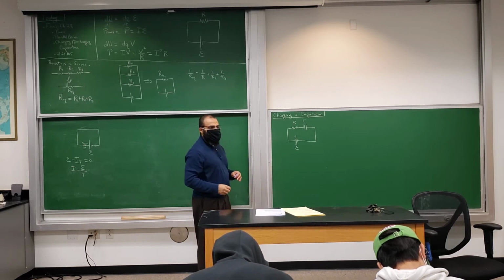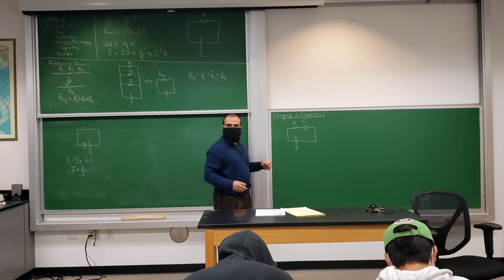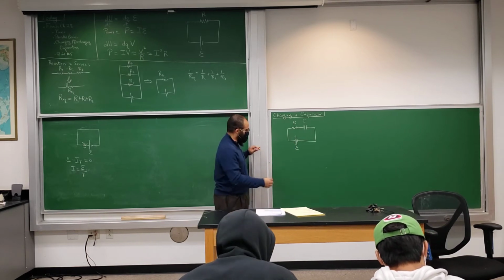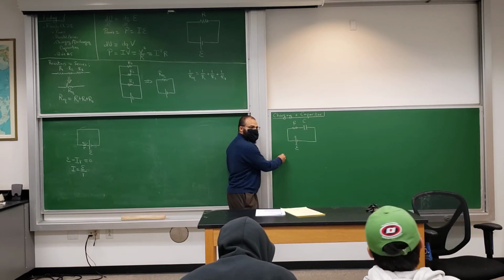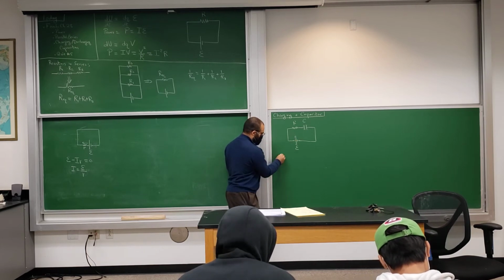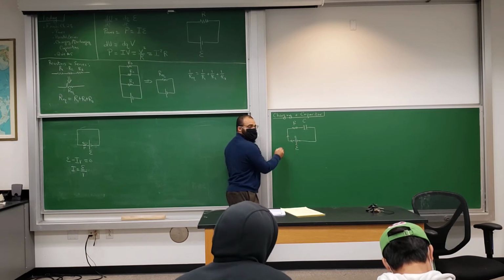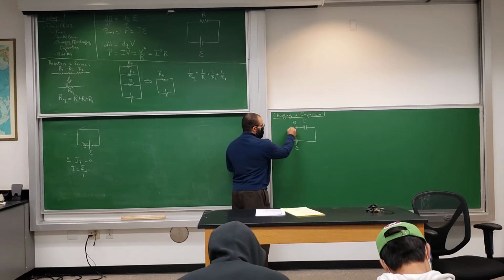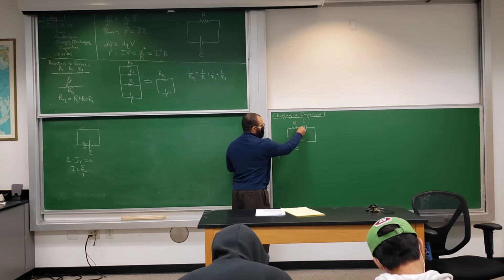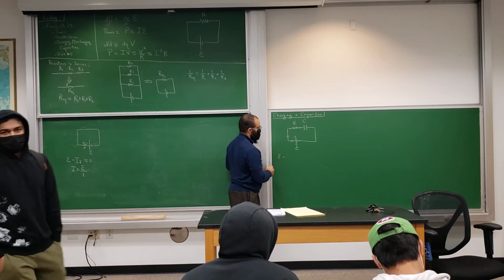All right, let's apply the loop rule and see what we get. You go from here to here. What's the change in potential? Positive. You jump by E. The current is going this way, right? Now, you go from here to here. What happens? Decrease or increase? Decrease. Decrease by IR.